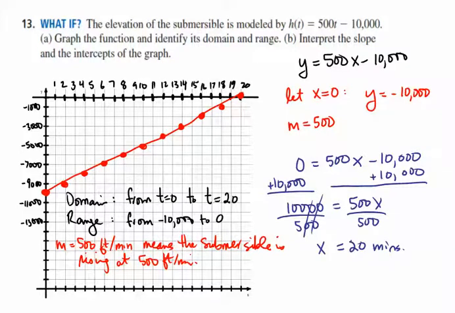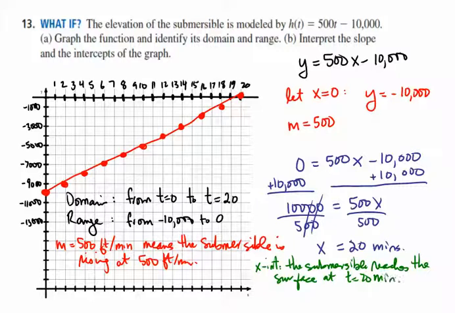And then finally interpret the intercepts. Once again, x-intercept means that the submersible reaches the surface at t equals 20 minutes.